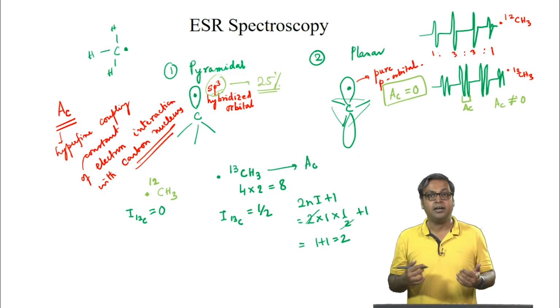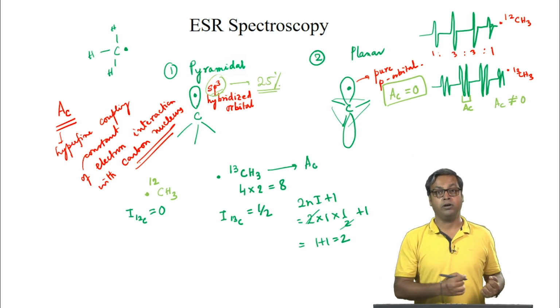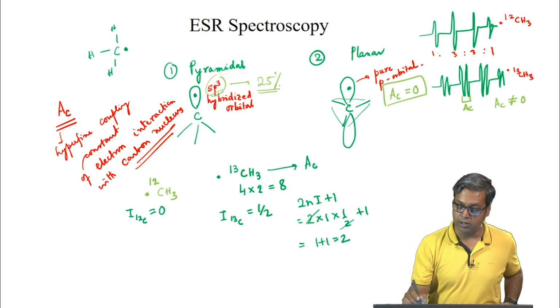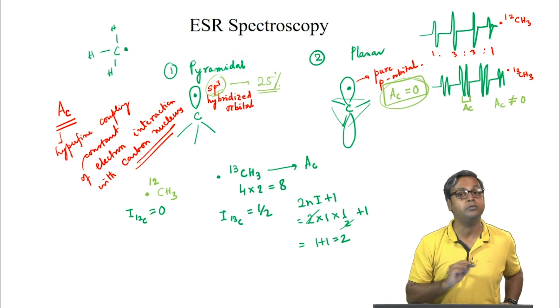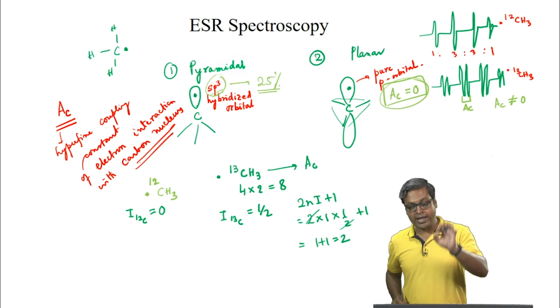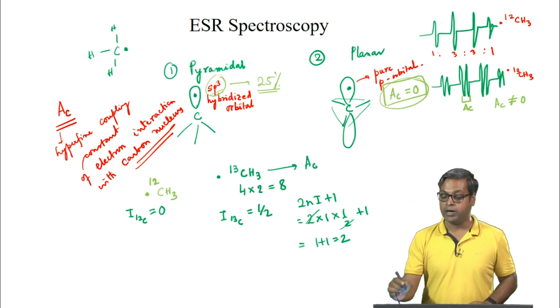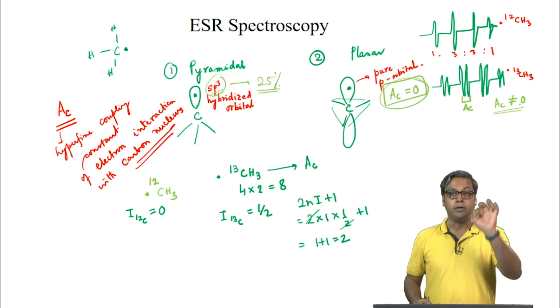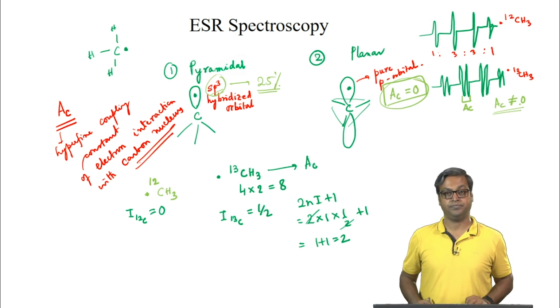So, this ESR evidence goes in favor of the planar structure, because for the planar structure, as I had mentioned before, A C equals 0, and from experiment we do not exactly find A C equals 0, but A C is very, very small, which tells us the hyperfine interaction is negligible.